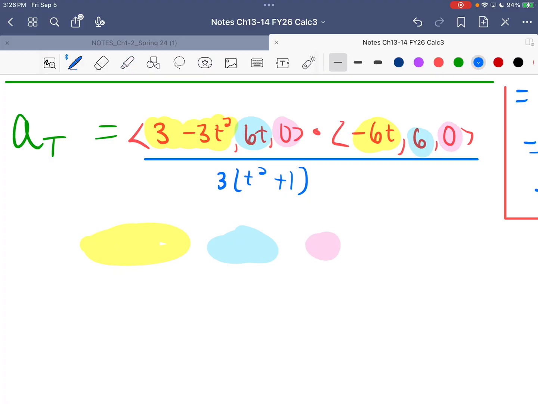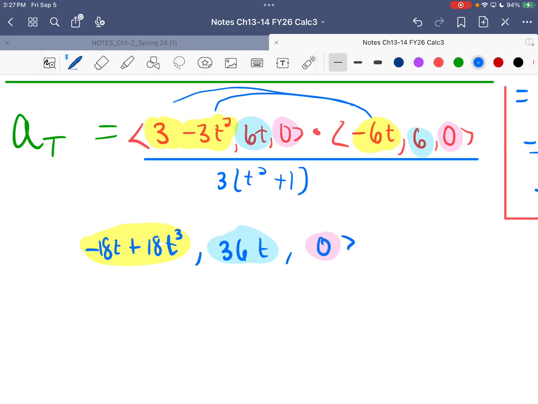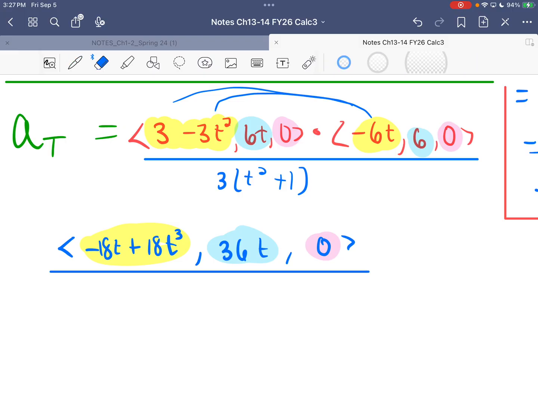So we got negative 6t times, maybe just think of distributing it, times the 3 minus 3t squared would be negative 18t plus 18t cubed. And then we're going to have 36t and 0 over, plus.